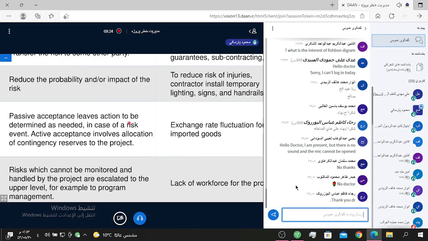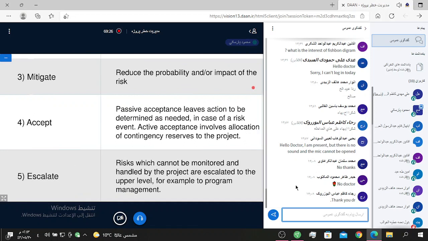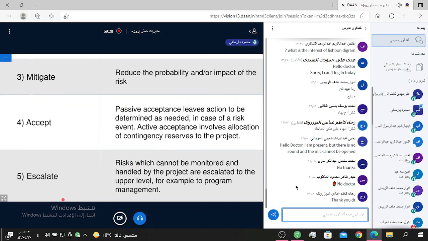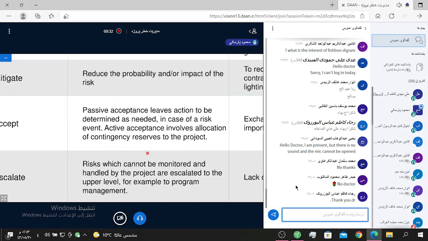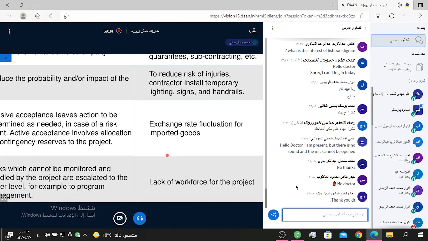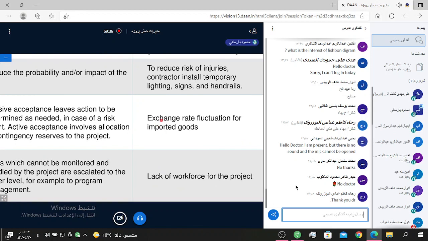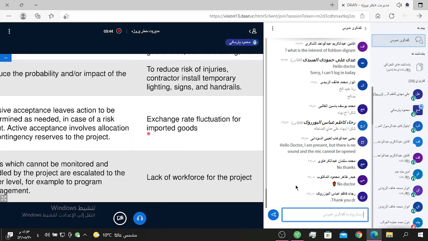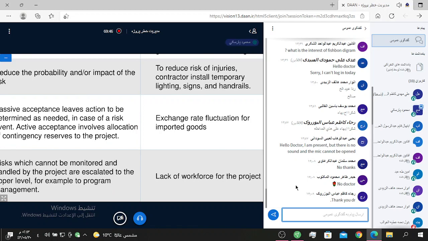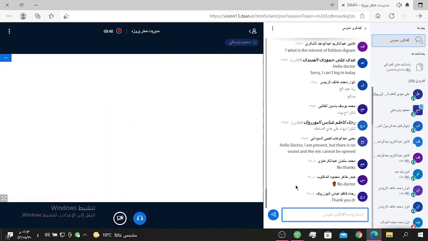And about the strategy of escalate, for example, lack of workforce for the project. Okay.